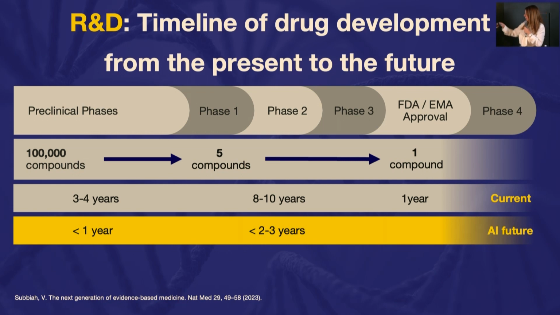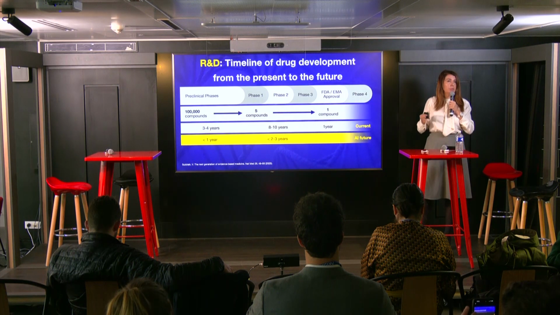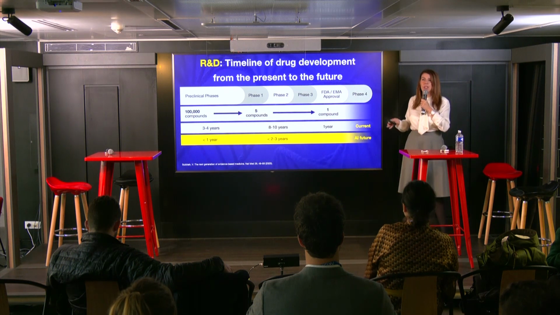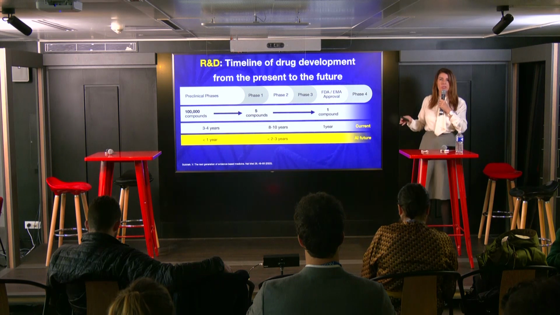When AI is integrated, we are reducing the time in the preclinical phases to up to 1 year. In the past, it was 3-4 years. And the investment, from hundreds of millions of dollars, now costs tens of millions of dollars.